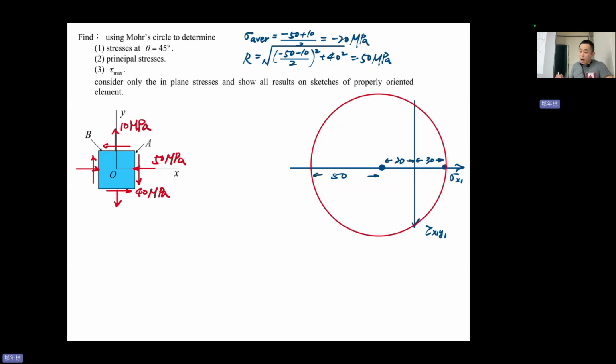I would like you to continue this because I started a figure here, and I would like you to point out where point A is. And then you can derive the 45 degree after you pinpoint point A.